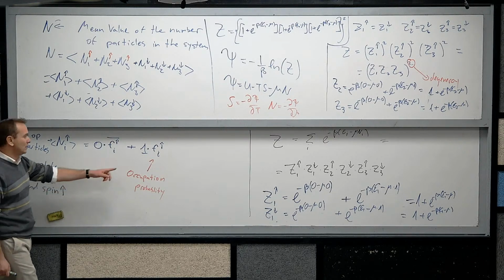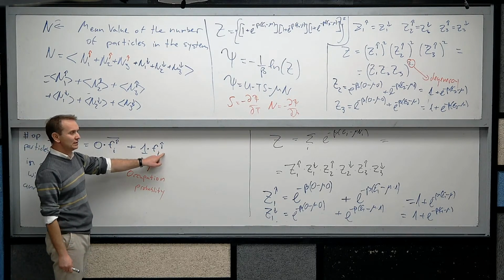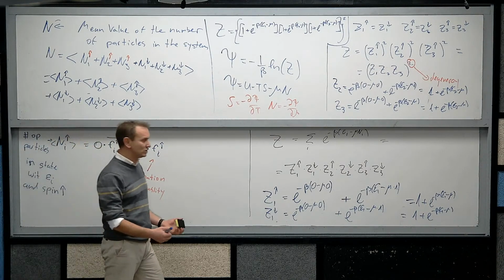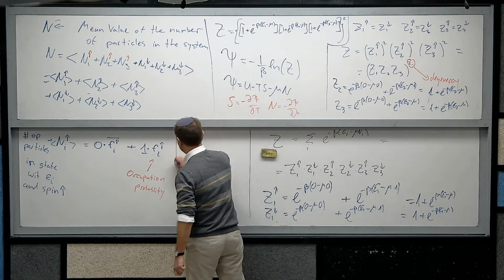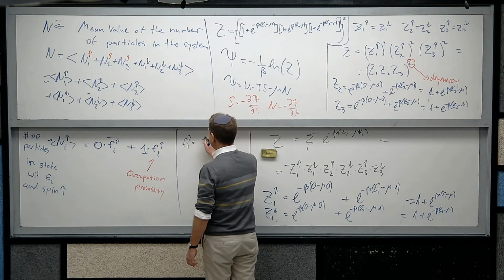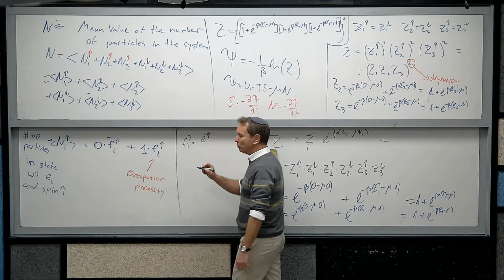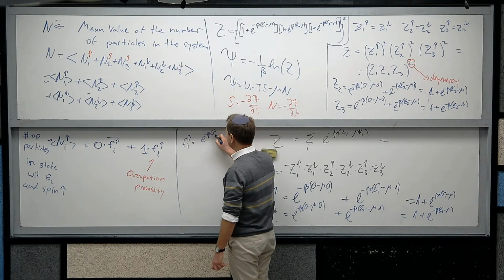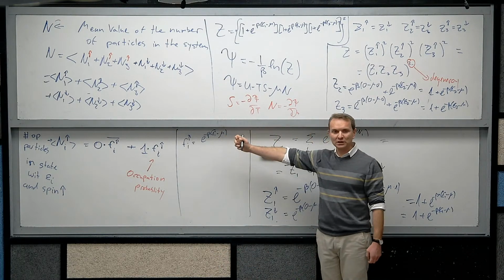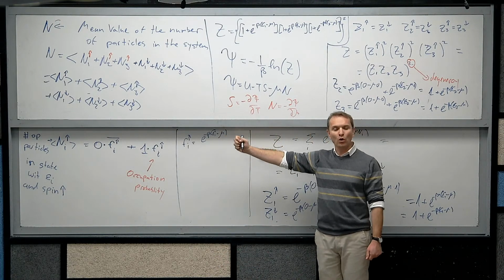How do I know what this Fi is? From the definition, right? Fi up is e to the power minus beta, it's occupied, so it's (epsilon i minus mu). I don't have ni over here because ni can be either 0 or 1.